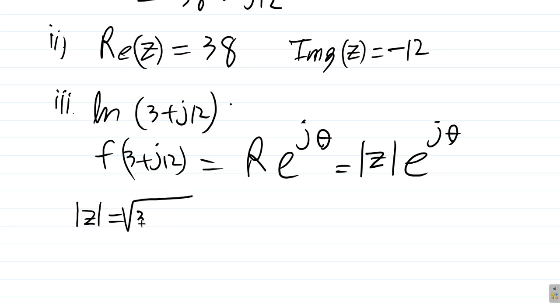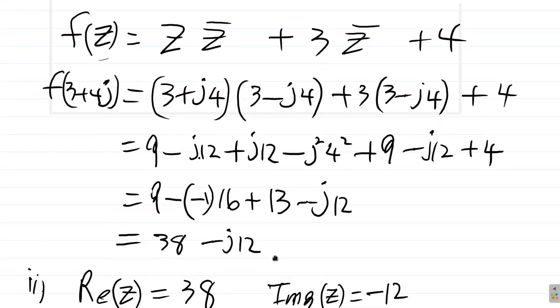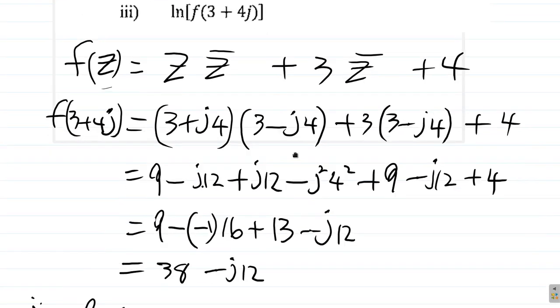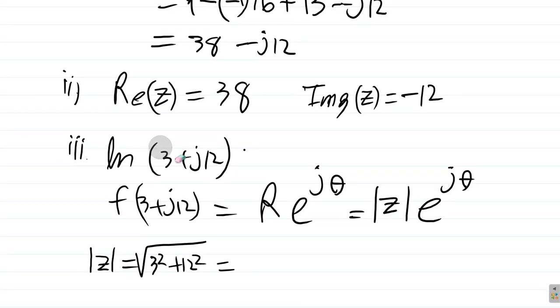So what is z? It's going to be the square root of 3 squared plus 12 squared. Remember, it's 3 plus j4, not j12.